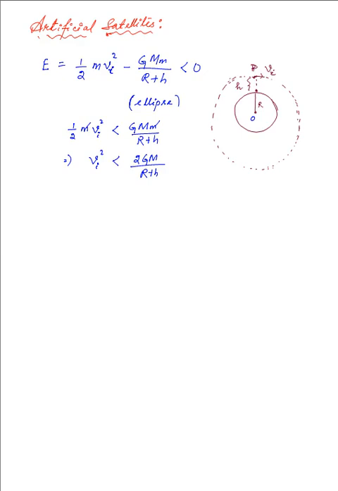Now the shape, however, the eccentricity of the orbit, is determined by both the total energy as well as the angular momentum.